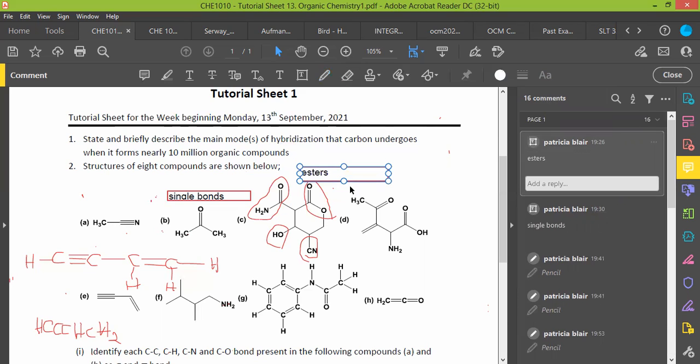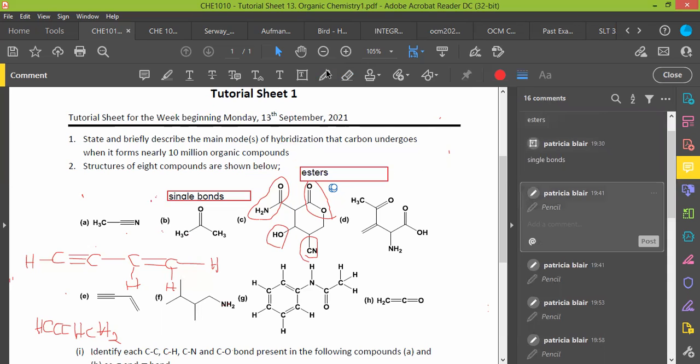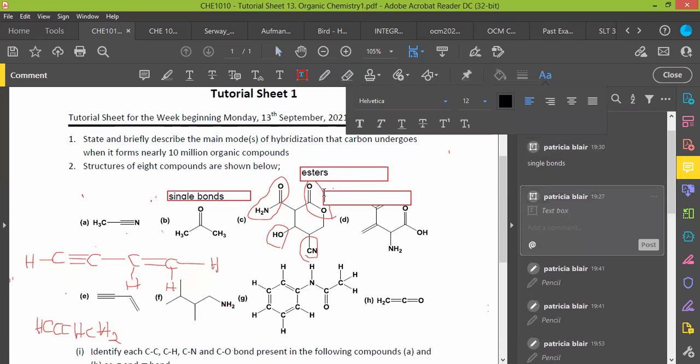And if esters are cyclic, these particular esters are called lactones. When esters are cyclic, they are called lactones. So this is a lactone, but it falls under the class of esters.